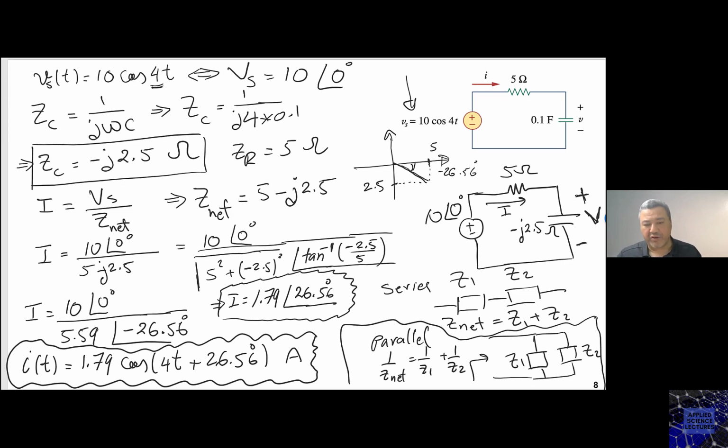So right away you can say that this ZC is also 2.5 at minus 90 degrees, right? This minus j is minus 90 degrees.